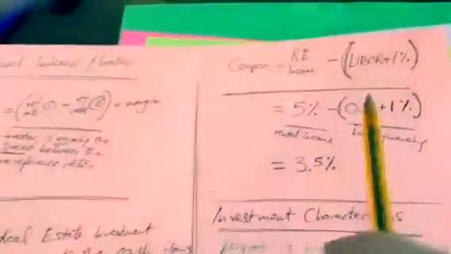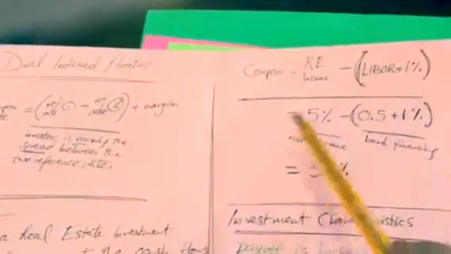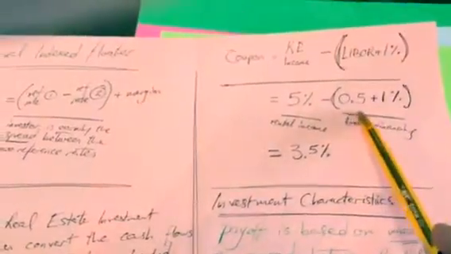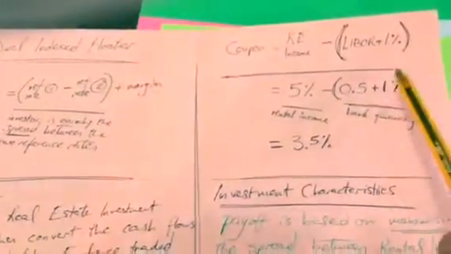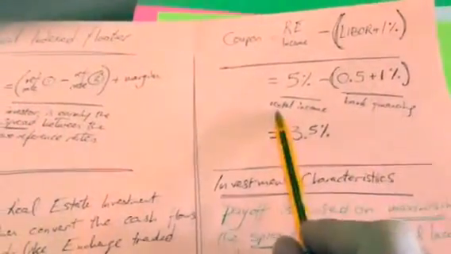If we come down, we've got, for example, a 5% rental yield, and then we've got the financing rate here, which is LIBOR, currently 0.5%, plus the 1% spread for the bank. So this is the bank financing rate, and this is the rental income.